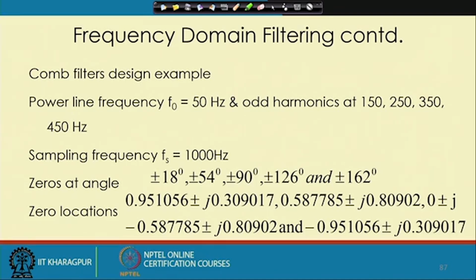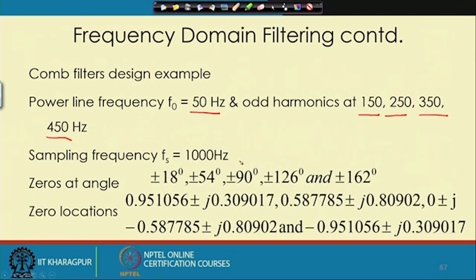So, along with our 50 hertz power line signal, we get the third harmonic at 150 hertz, the fifth harmonic, seventh harmonic, ninth harmonic, and as we go to higher and higher harmonics, the strength goes down at every step. So, taking 2 to 3 harmonics would be sufficient. Here we have taken 4 harmonics along with the primary frequency.